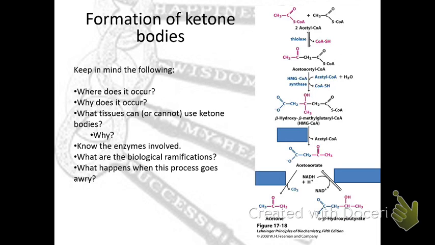It would make sense for it to be a lyase. And so once again, using common logic, we would call this one HMG-CoA lyase. Now there are two things that actually happen with the acetoacetate.